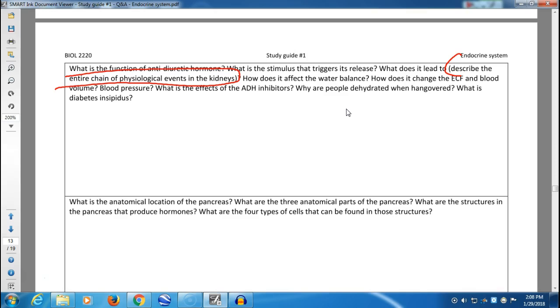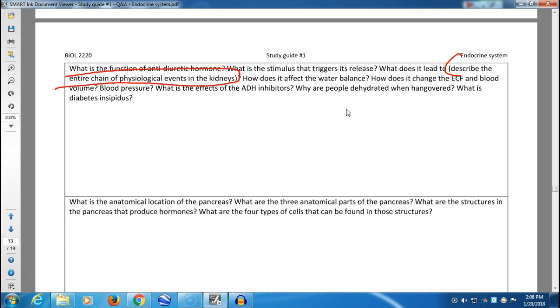Osmolality actually remains pretty much the same in the kidneys. It increases the expression of certain proteins. Channels, remember? Proteins called aquaporins.